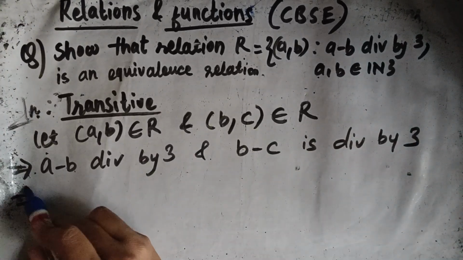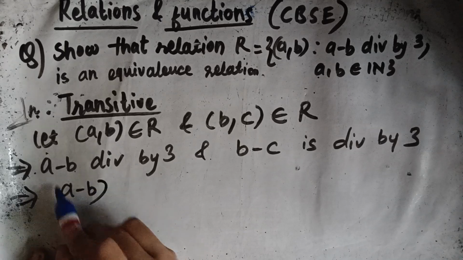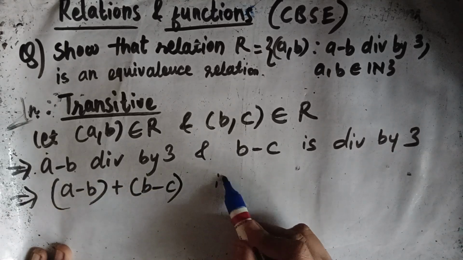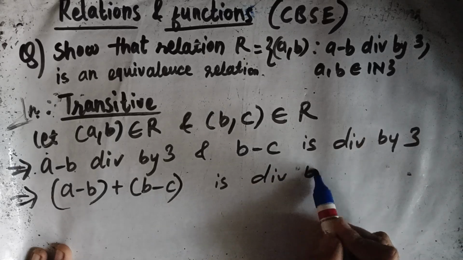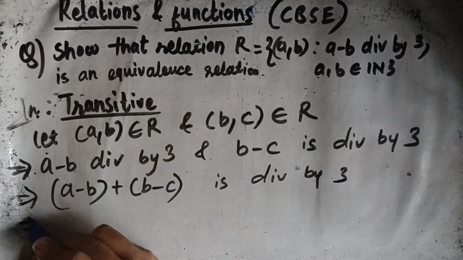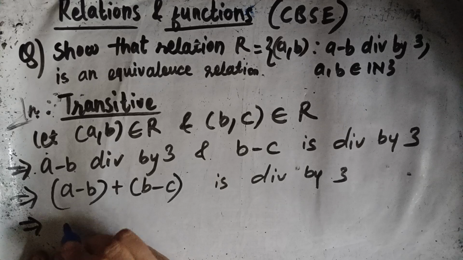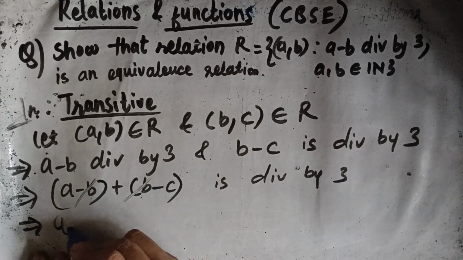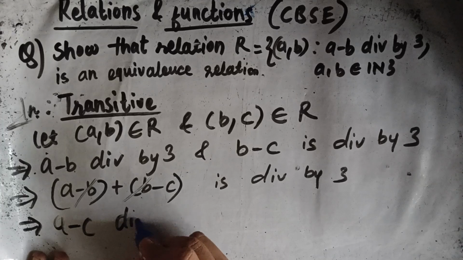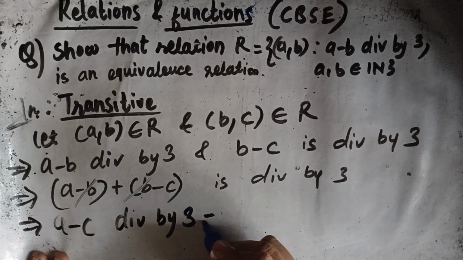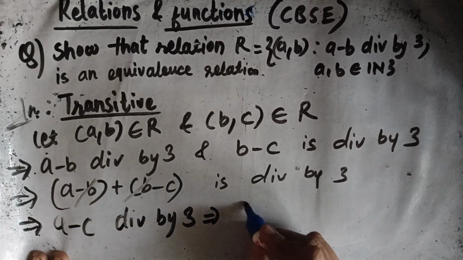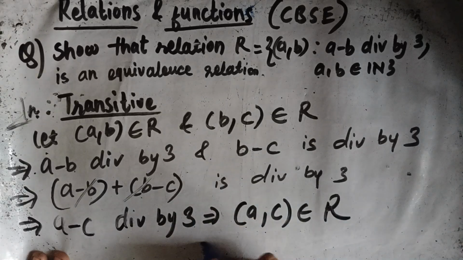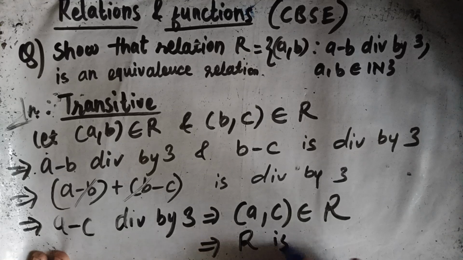So we can write a minus b plus b minus c is divisible by 3. This implies minus b and plus b cancel, so we get a minus c is divisible by 3. By definition we can say that (a, c) belongs to relation set. This implies R is transitive.